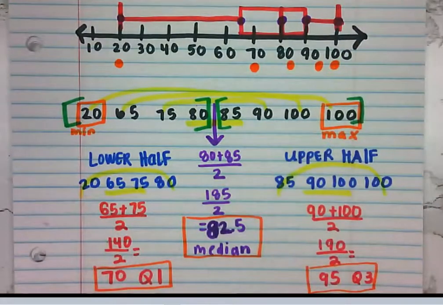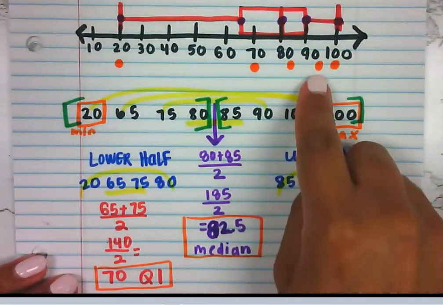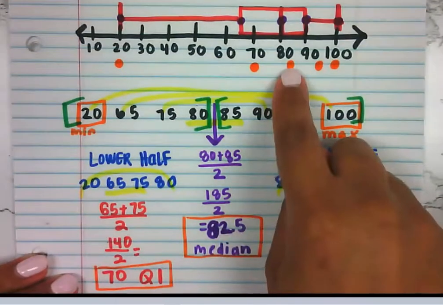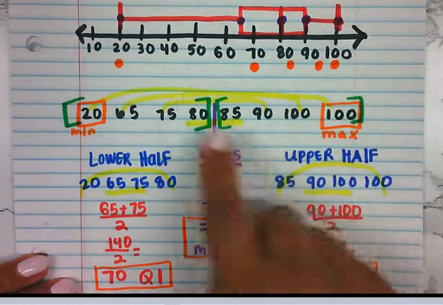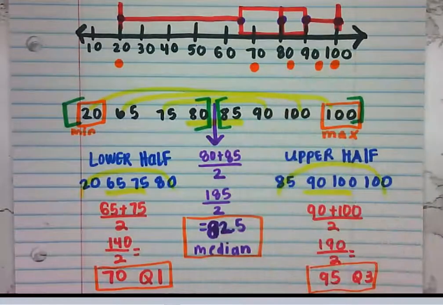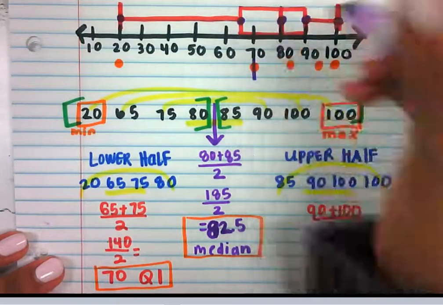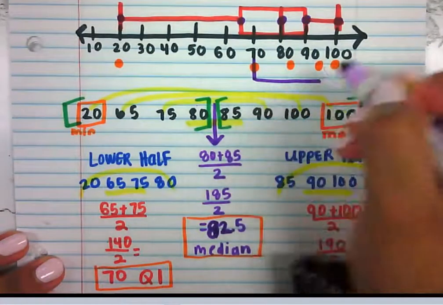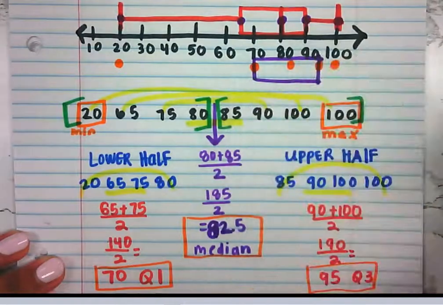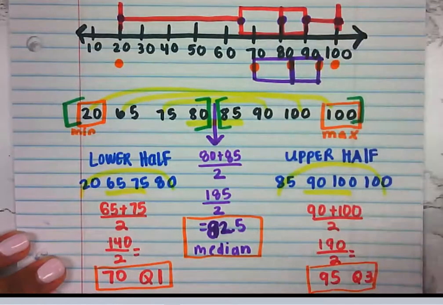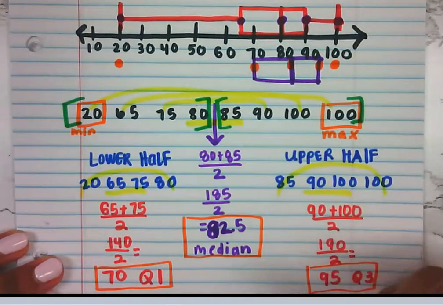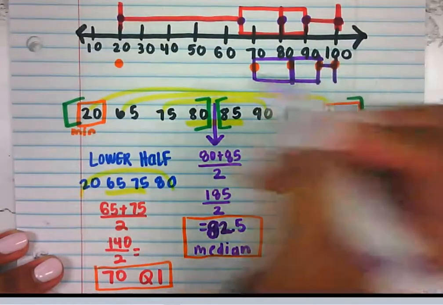So once again, we know our median is at 82.5. We're going to put a box from quartile 1 to quartile 3. So let's do that. Quartile 1 to quartile 3 with a line signifying the median, the middle of the box, and then whiskers.